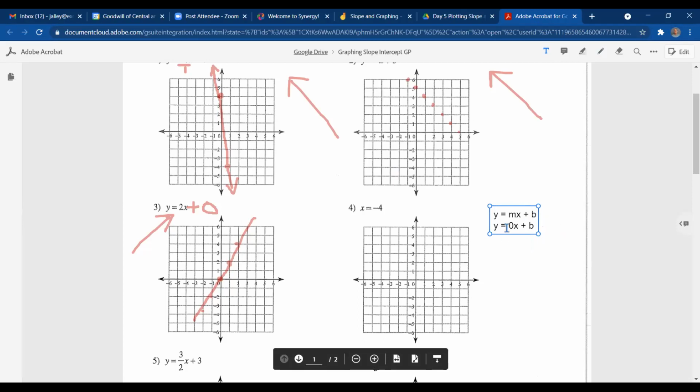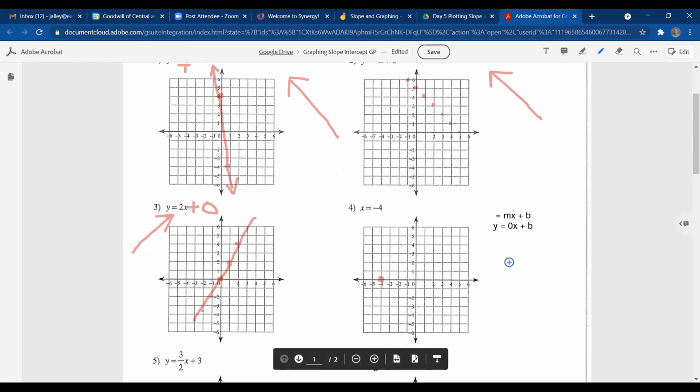Well, what if it's the opposite here? I don't even have anything against the y. So the first thing that you got to do is figure out where this is on the graph. Where's your starting point? Well, the only thing you have to work with is that x is -4. So here I'm on the x-axis, 1, 2, 3, 4.